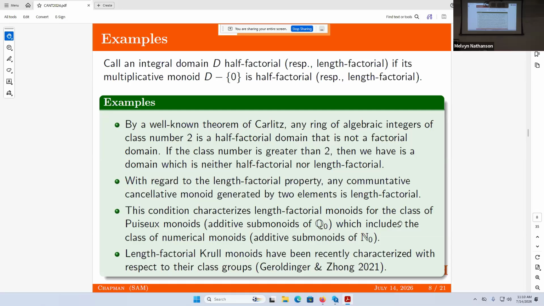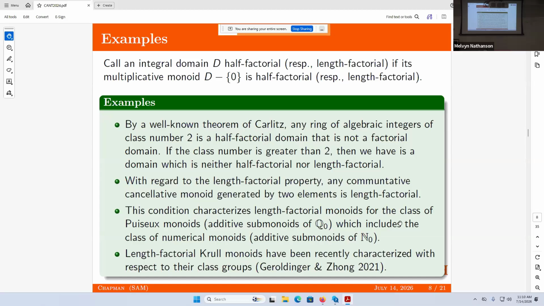If your algebraic number ring has class number bigger than 2, then it's neither half factorial nor length factorial. You can easily argue those two things. Any 2-generated commutative cancellative monoid is length factorial. And that's a really strong example because it's hard to find length factorial things that are more complicated than that, but there are some.